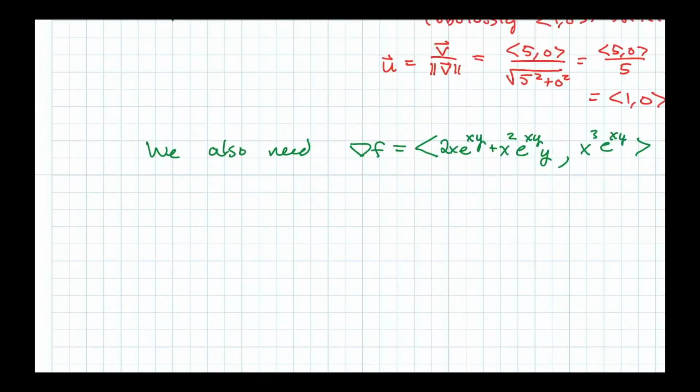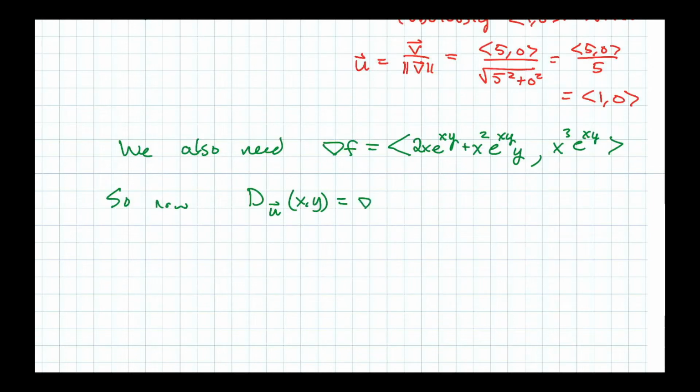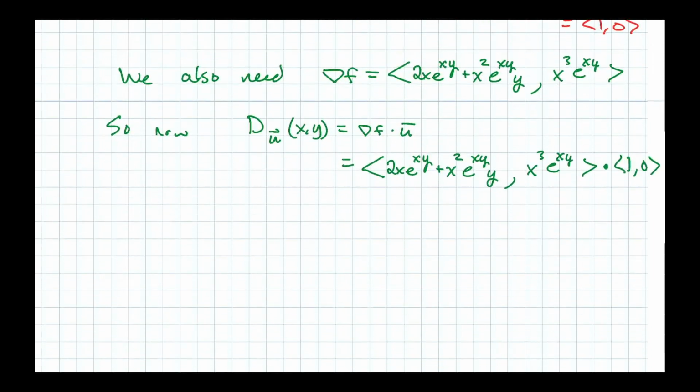Now we can find the directional derivative in the direction u. The directional derivative in the direction u at xy is, we know, grad f dot u, which is going to be this, because we just calculated it, dot product with your direction, which was just 1, 0 in this case.